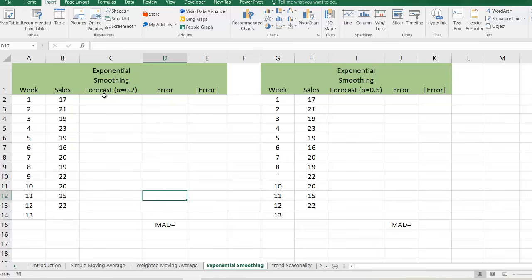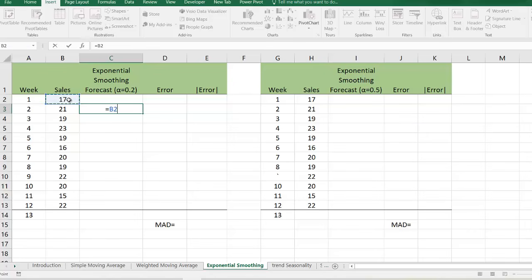To begin with, the forecast will start on the second period, wherein our forecast is equal to the last period's actual data, which is 17. On the third week, we apply the formula. Our forecast for the third week is equal to alpha 0.2 times the actual value of the last period, 21, plus 1 minus alpha, or 0.8, times the last period's forecast, which is 17.